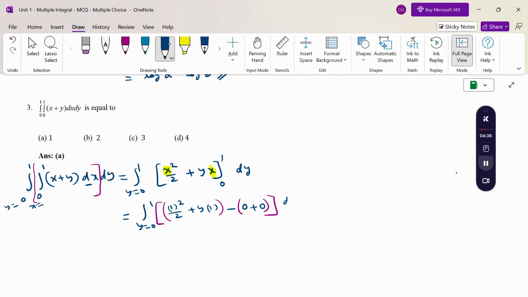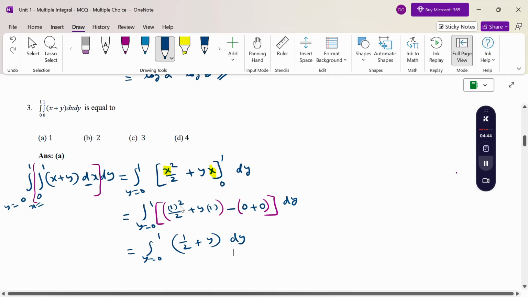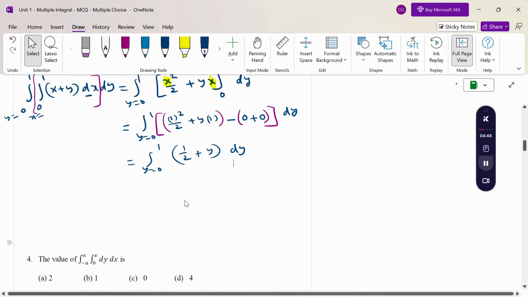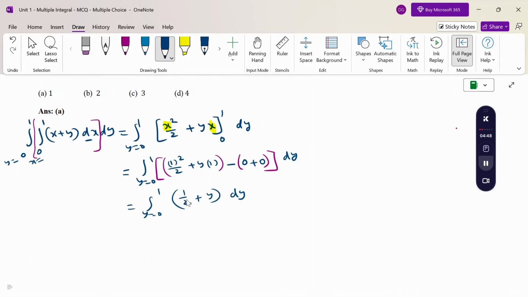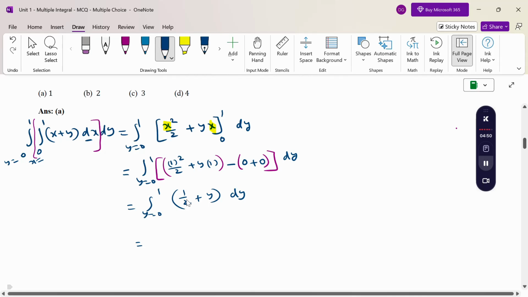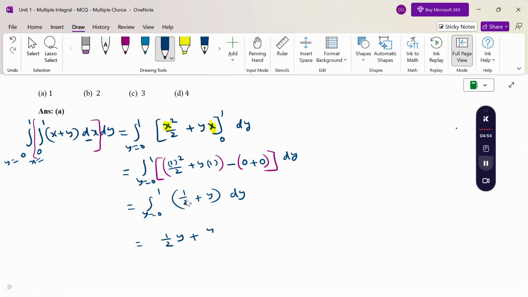Into dy. Now the term, y from 0 to 1, 1 by 2 plus y, into dy. Integration of 1 by 2 dy is 1 by 2 y, and y dy is y square by 2, from 0 to 1.